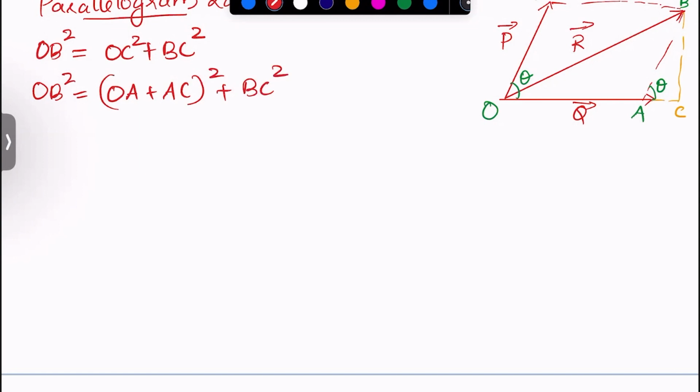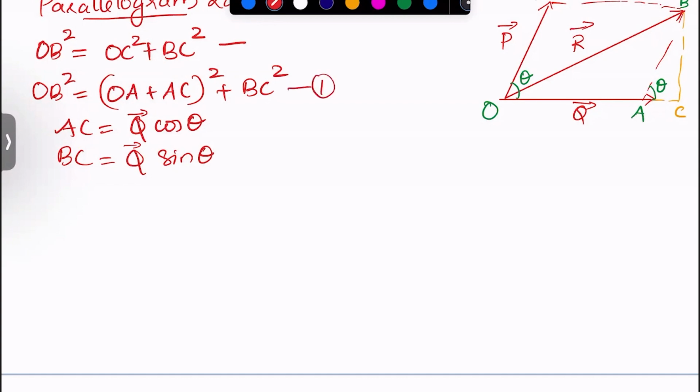AC we wrote as Q cos theta, and BC we wrote as Q sin theta. These were the equations that we had. Now substituting everything into equation 1. This is equation 2 and equation 3.